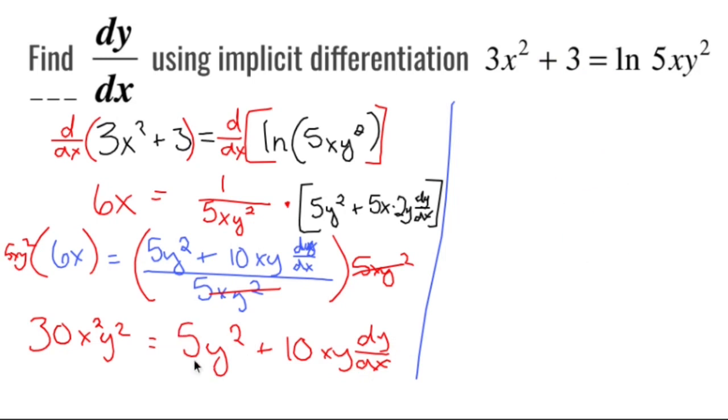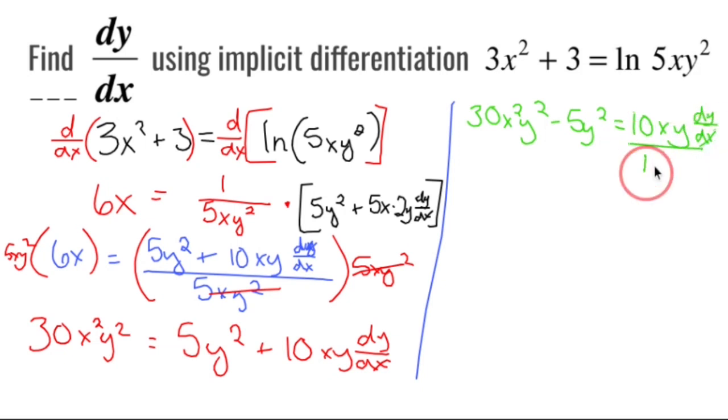I'm going to subtract 5y squared from both sides. So 30x squared y squared minus 5y squared equals 10xy dy/dx. Last but not least, divide both sides by 10xy.